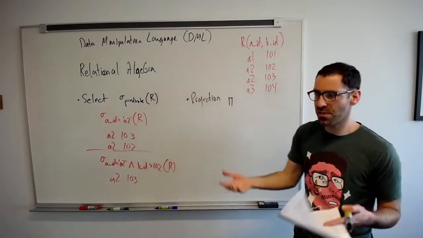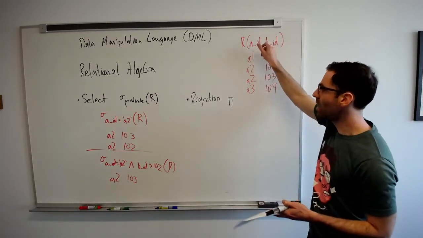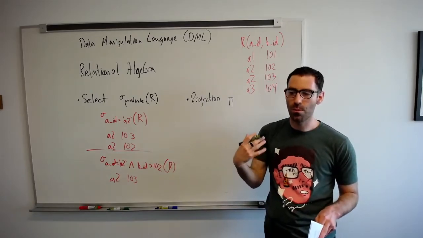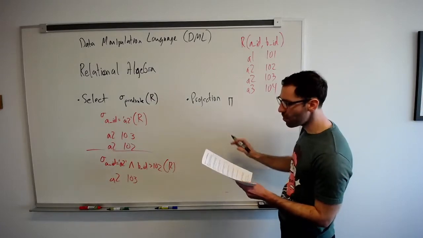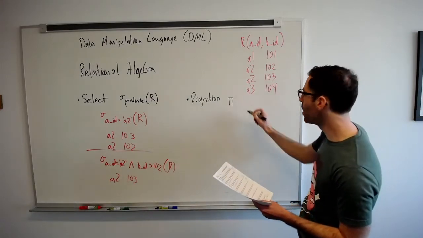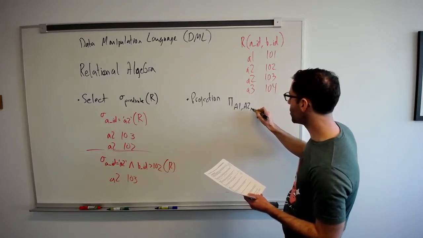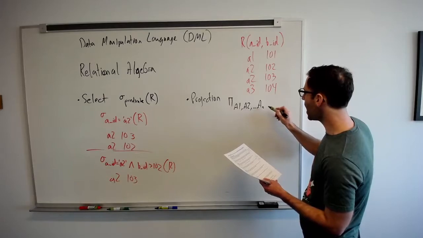And when we're specifically talking about relational databases, tuple and attribute are the most unambiguous terms that I can use. But projection is going to have some, say A1, A2, and up to AN.